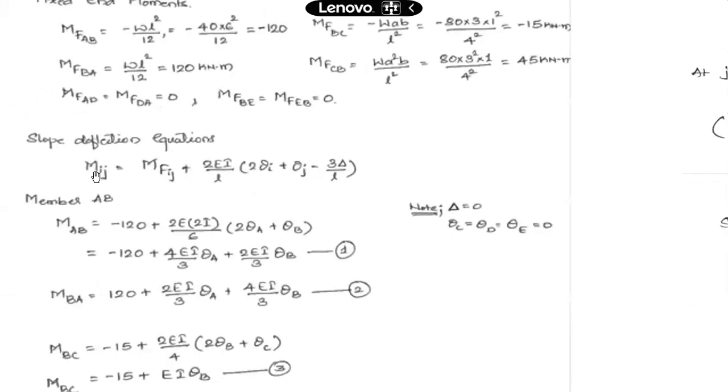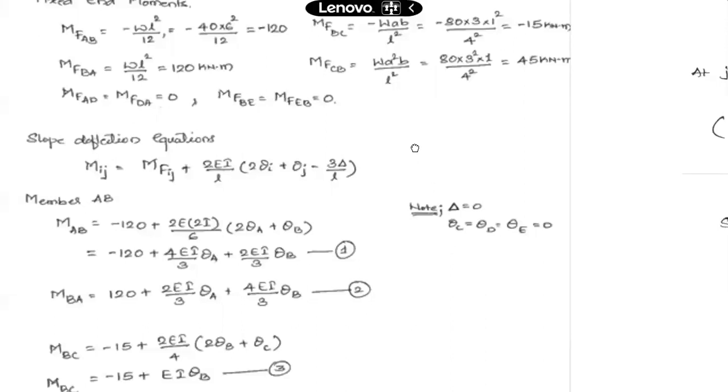The slope deflection equation is Mij equals MFij plus 2EI by L into 2 theta i plus theta j minus 3 delta upon L. What are the zero terms here? No delta exists in our frame; settlement or sinking is not given, so delta is 0.